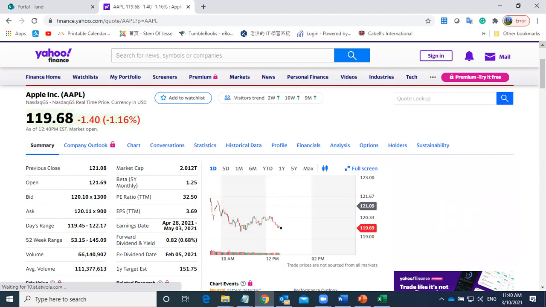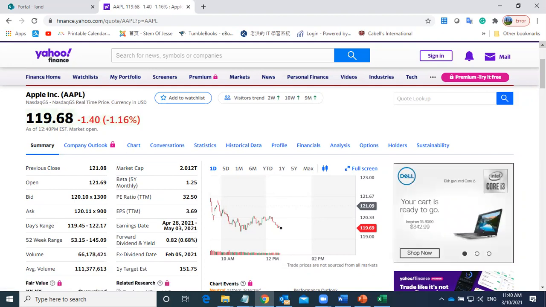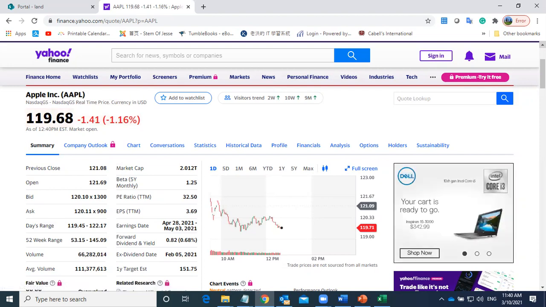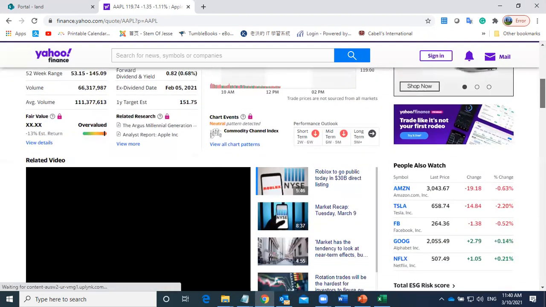This beta is greater than 1, which means it is more sensitive. So the general market return increases 1%, your stock return will increase 1.25%. That's how you interpret beta.